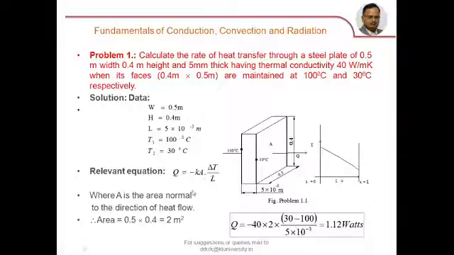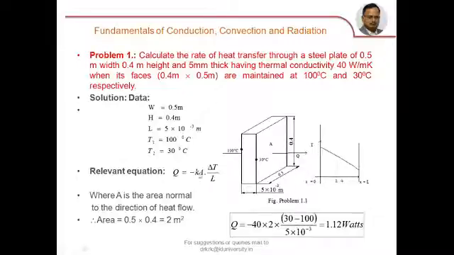Substitute the parameters in the equation. Q equal to minus K A delta T by L, Q equal to minus K, thermal conductivity given as 40 watts per meter Kelvin, area 0.5 into 0.4, which is 0.2 meters square, delta T, final minus initial temperature, 30 minus 100, thickness in the direction of heat flow, 5 into 10 power minus 3, hence Q is equal to 1.12 kilowatts. Because heat always flows from high temperature to low temperature, when I consider delta T, it becomes obviously negative, because it is final temperature minus initial temperature.